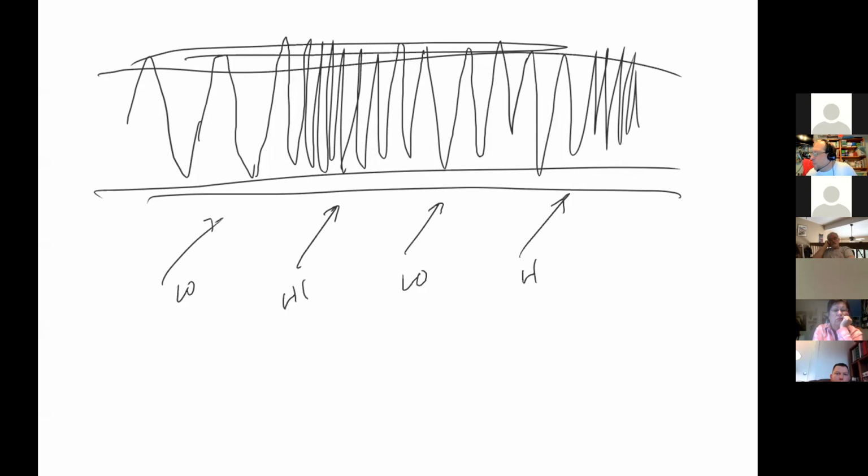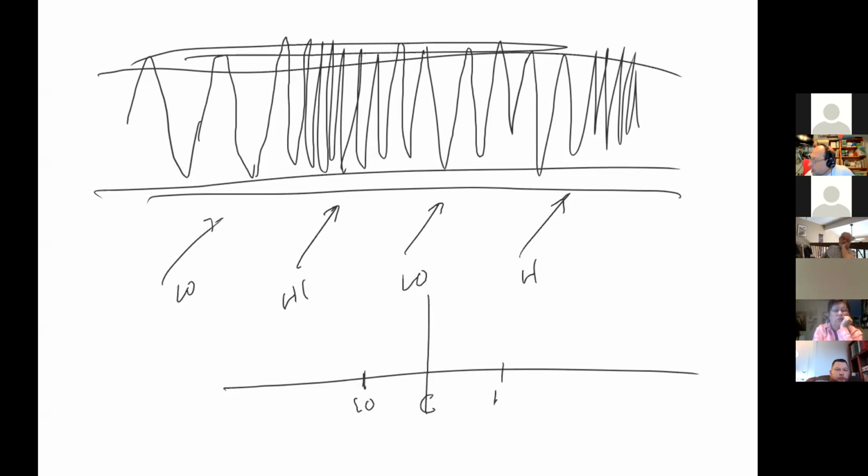If they were to plot this on a graph where we had the center, they would see that it went low and that it went high. And this would have a certain amount of energy associated with it. And then what would happen is it would fill in this space from low to high. So this is, again, a frequency chart. So it's frequency versus amplitude.